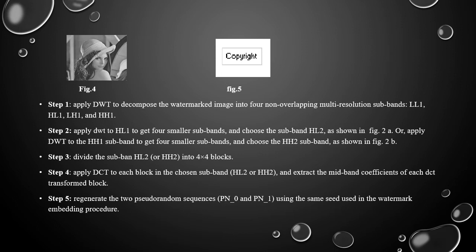Then step 3, divide the subband HL1, HL2 or HH2 into 4 blocks. Then again apply DCT to each block in the chosen subband. Whatever we choose from the above step, DCT is applied to each block of the chosen subband, and extract the midband coefficients of each DCT transformed block.